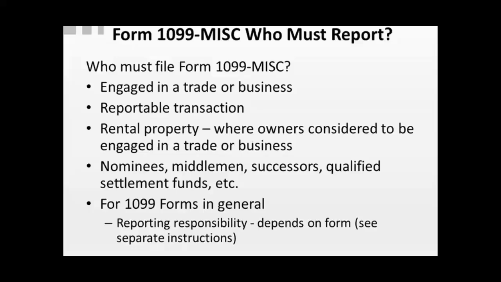Now, for 1099 forms in general, or any information return in general, one of the things that you want to do is check the specific instructions to see who is in fact responsible. And there may be several people who could be responsible, and possibly even a hierarchy as to how that goes.